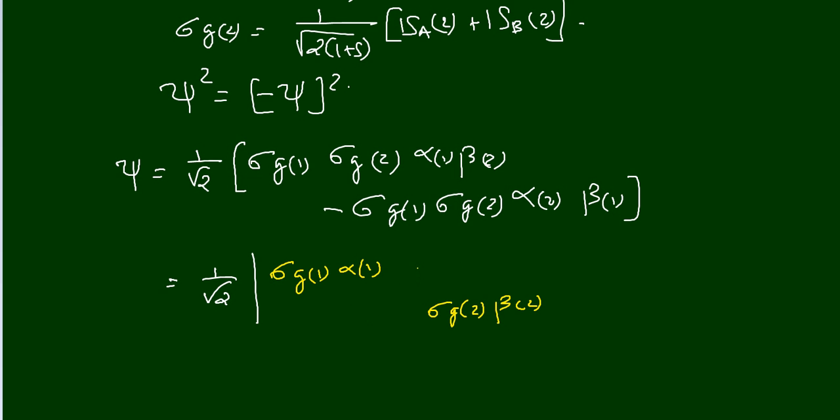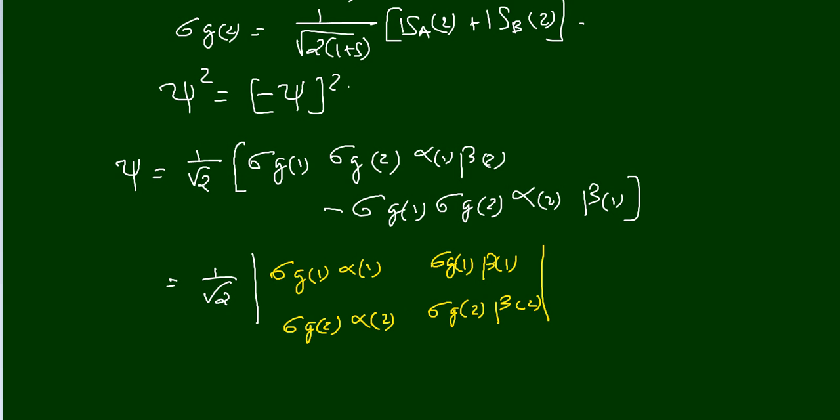Okay, so I am going to write this one here. This is sigma g1 beta 1. What is remaining is sigma g2 alpha 2. Okay, so this will be written here, sigma g2 alpha 2.